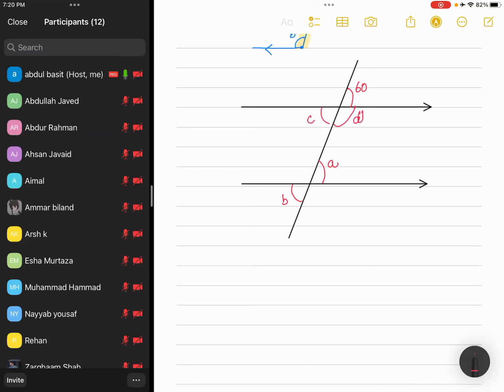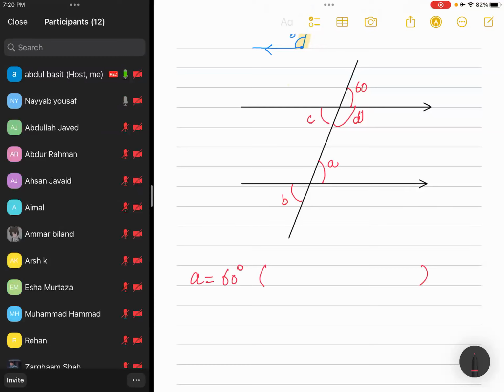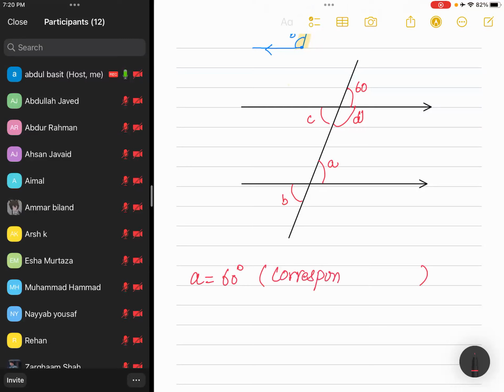What is the value of a, beta? 60 degrees. Why? What is the mathematical reason? Corresponding angles. Yes, it is a corresponding angle.